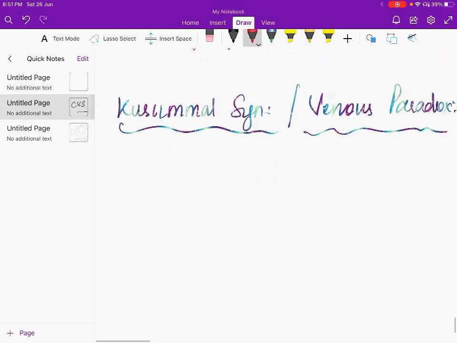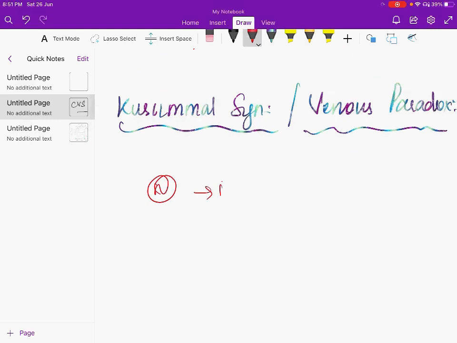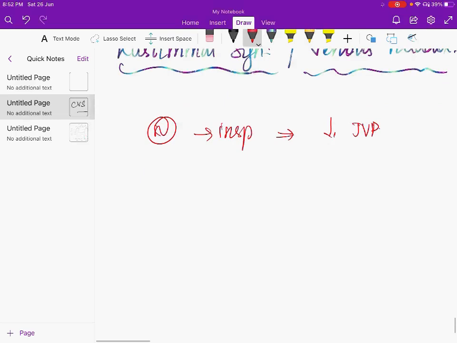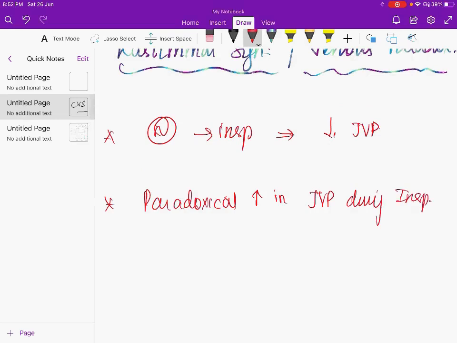Normally, during inspiration, there is increased venous return because of negative intrathoracic pressure. All the blood is sucked into the thorax. So normally during inspiration, your JVP should decrease. So a paradoxical increase in JVP during inspiration is nothing but Kussmaul sign.